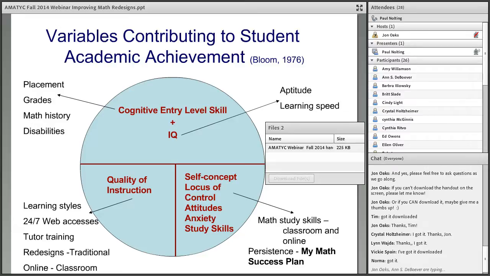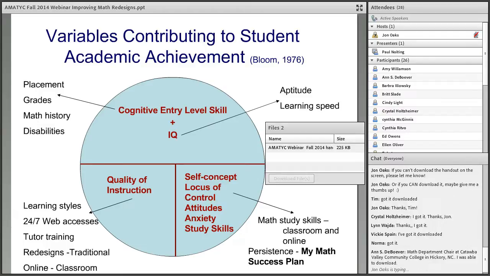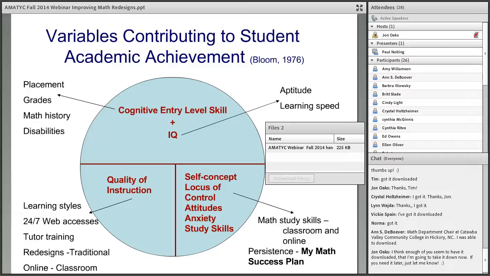I've been working with some states in Colorado where if they didn't score a 30 on the COMPASS, they couldn't take a math class. They could actually get some help through labs, but that became an interesting issue because a lot of times if you just offer them help and no type of reward for it, they usually don't show up. So that's a big deal now: placement, math history, grades, disabilities, and all this.